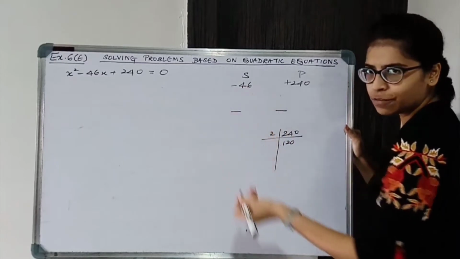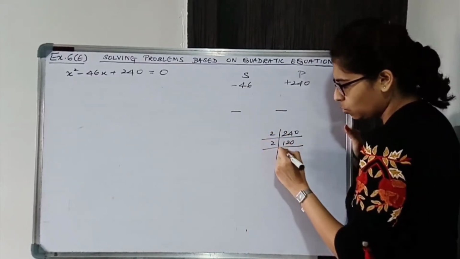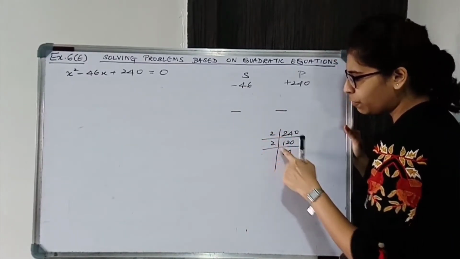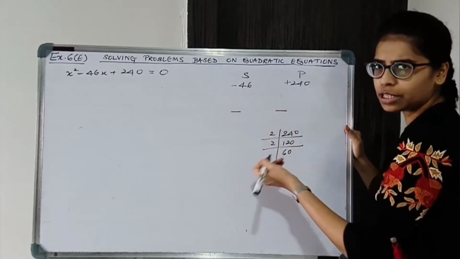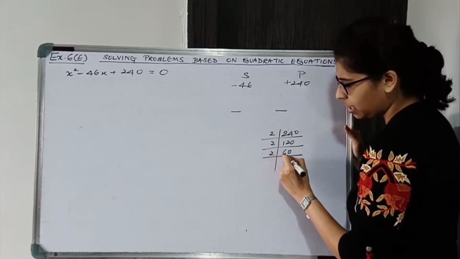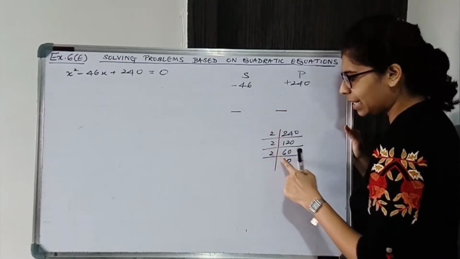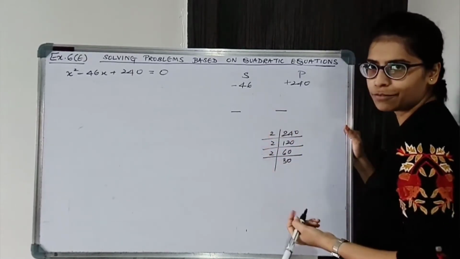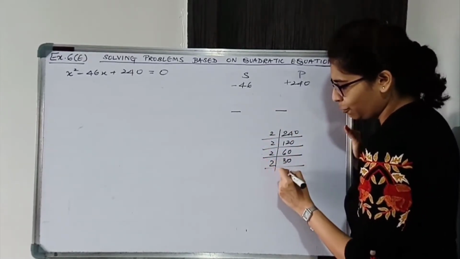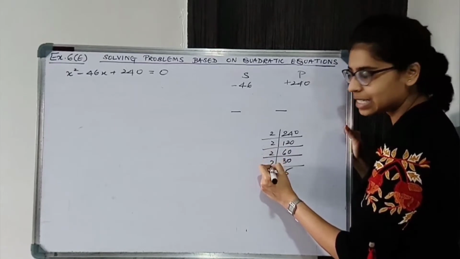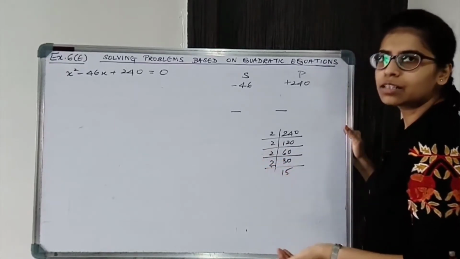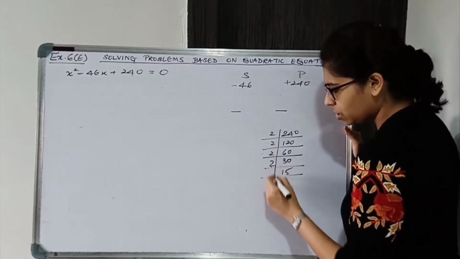If you add, you will not get 46. 2 60s are. 2 2s are 4 and 60, add and you will not get 46. 2 30s are. 2 2s are 4, 2s are 8 and 30, add and you will not get 46. 2 15s are. Here we will get 16. 16 plus 15 add gives 31. So still we are not getting it.